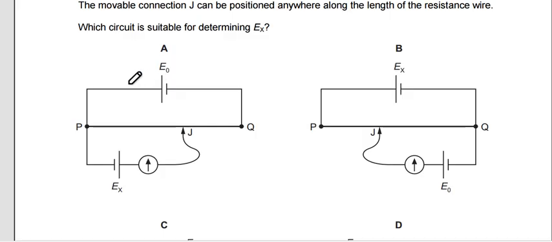The current flows from the positive terminal here, and when it reaches this point, it will divide, and this battery pushes the current in the same direction as the incoming current, so this cannot be accepted.